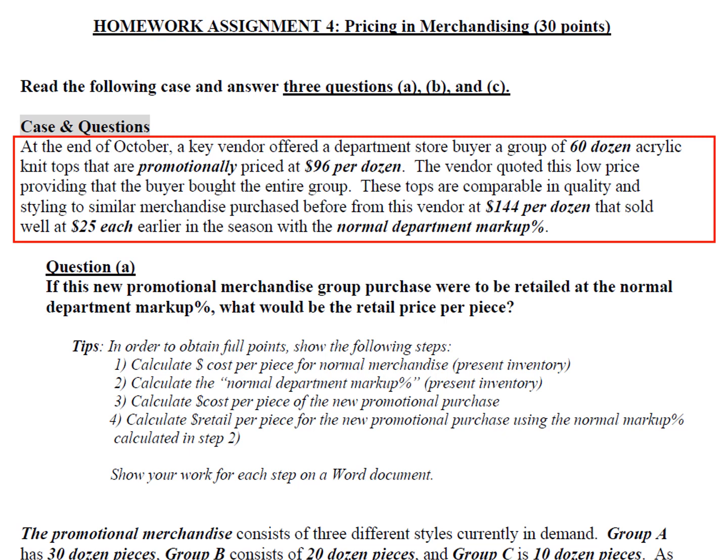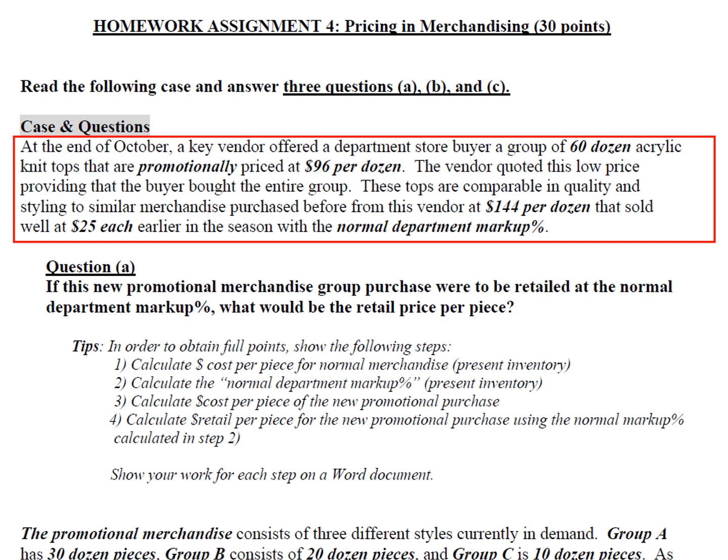This time this vendor is offering this at a promotional price, a promotional cost from the retailer's perspective, at $96 per dozen. So that's the cost for these 60 dozen knit tops.